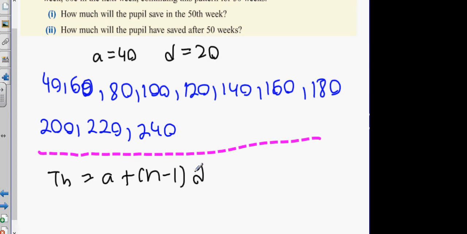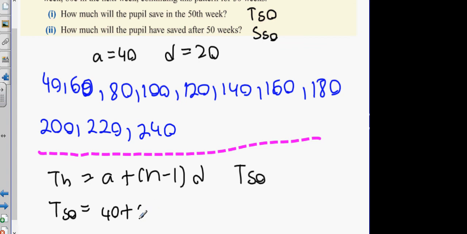Now, how much will the pupil save in the 50th week? The 50th week is basically T50. How much did he save in that week only, not how much in total. That's the difference between the second question being S50 and the first question being T50. So n is 50, a is 40, n minus 1 is 49, and the difference is 20.